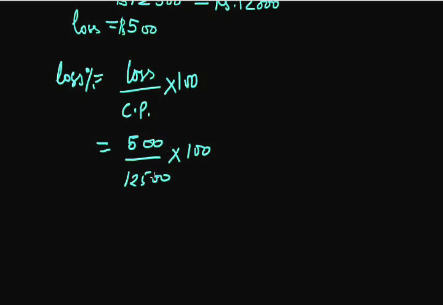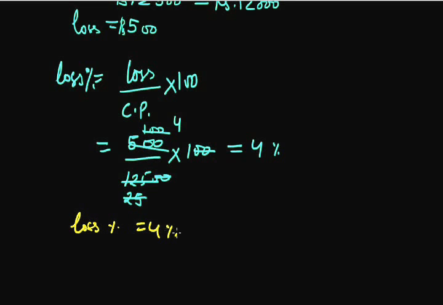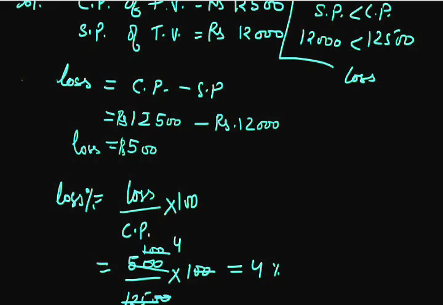The 2 zeros will get cancelled by 2 zeros. Then we can cancel it by 5. 5 25s are 125 and 5 100s are 500. Then again we can cancel 25 4 times. So it will be equal to 4%. So the loss percent is 4% and the loss was rupees 500.